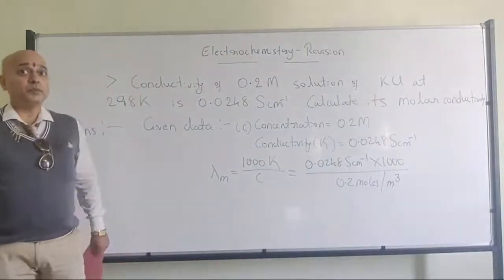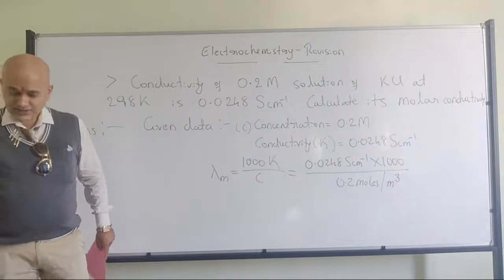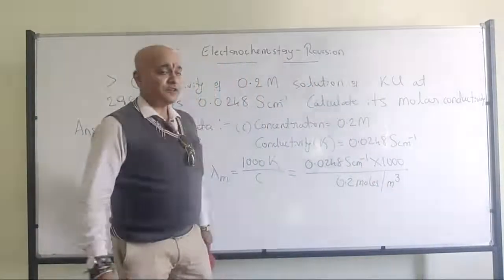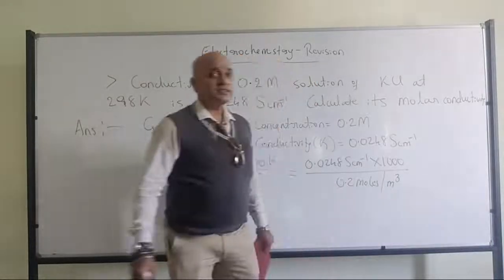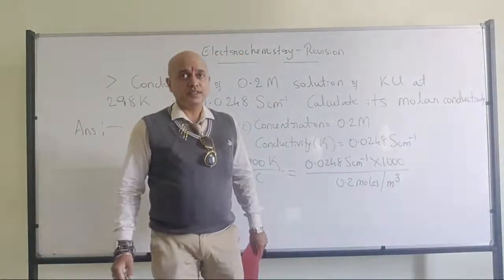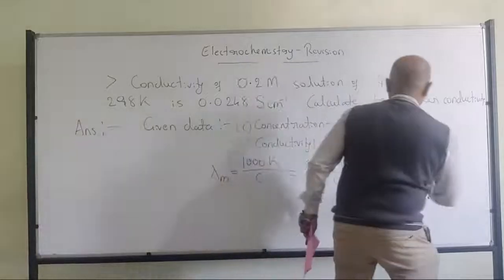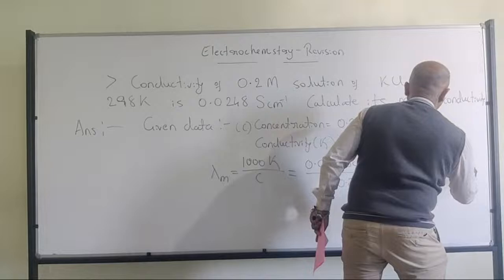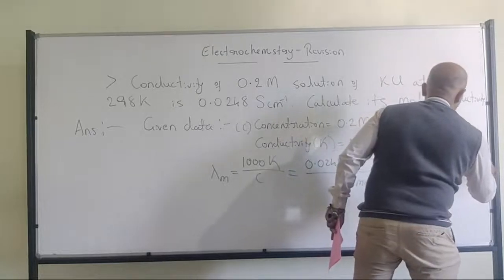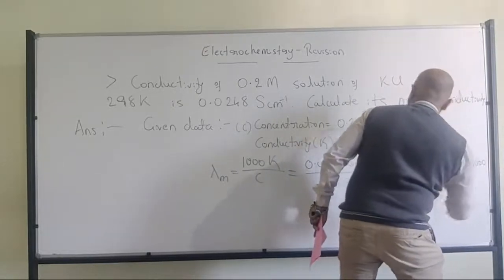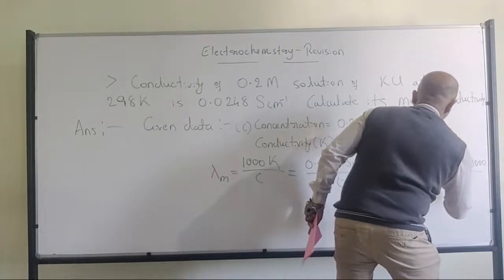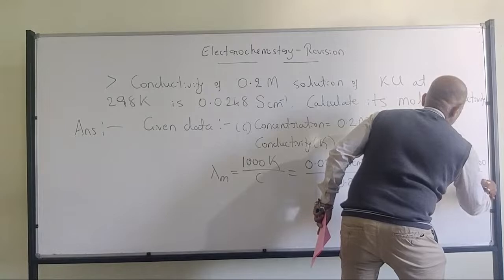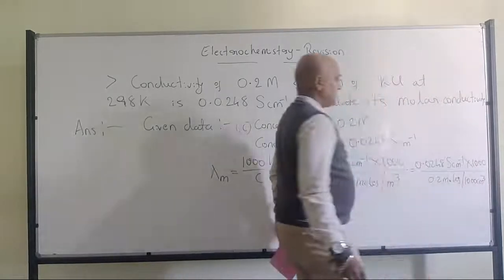Still there is a problem. What is that problem? One is in meter, one is in centimeter. So therefore we can make it as 1000 centimeter cube. 0.0248 Siemens per centimeter into 1000 divided by 0.2 moles divided by 1000 centimeter cube.